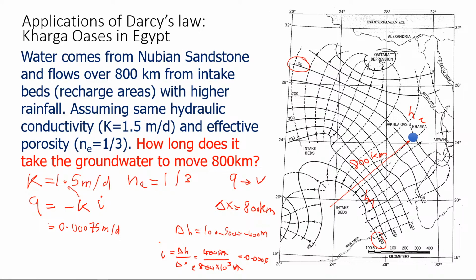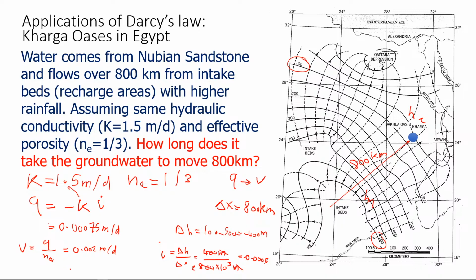And do you remember how to get V? V is Q over Ne. So if I divide Q by Ne, the effective porosity that I have, then I got 0.0002 meters per day.